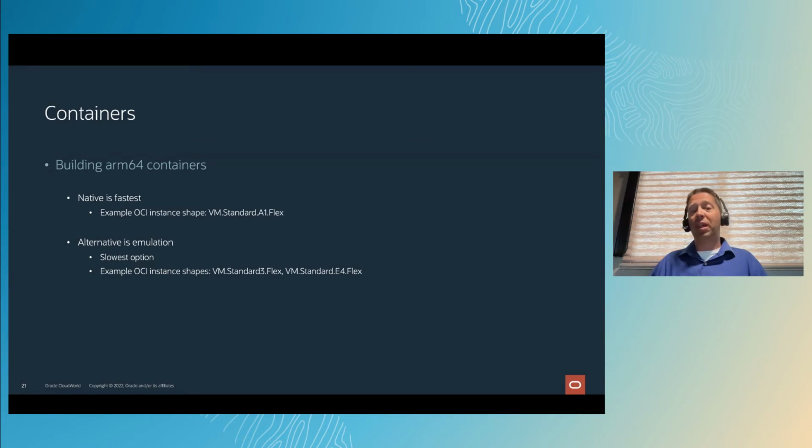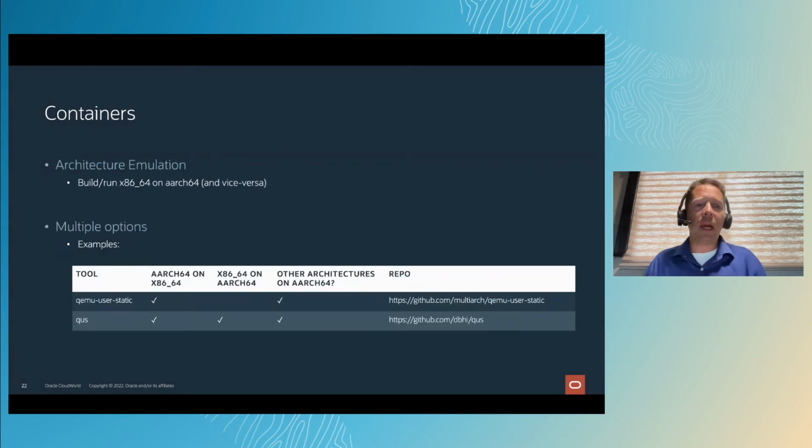The alternative is emulation, which is slower. You can definitely use an AMD or an Intel-based shape for that, and it is an option. The reason I mention it is because sometimes you'll run into situations where you may only have one specific architecture, but you need to build for others. That's where emulation can play a factor. Now, there are a couple of different tools for emulating on different architectures.